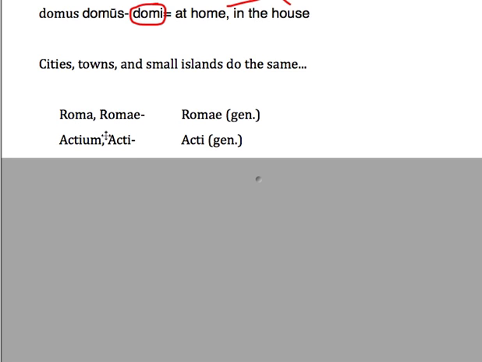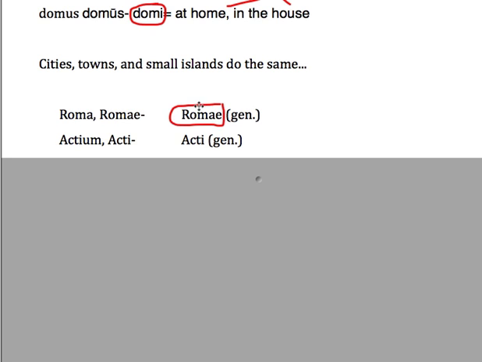If you're looking at a first or second declension singular place name, the locative, the case that means in, looked like the genitive. In other words, Romae, which looks genitive to us, can be the locative, which means it can mean in Rome.